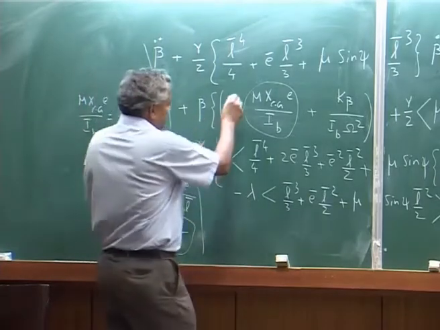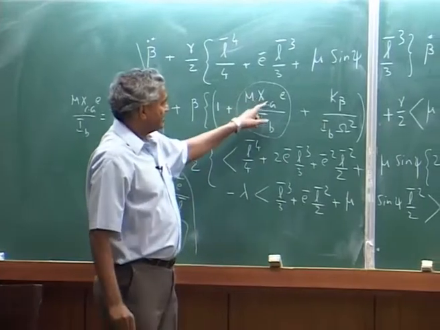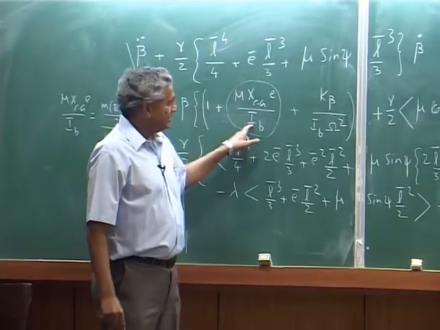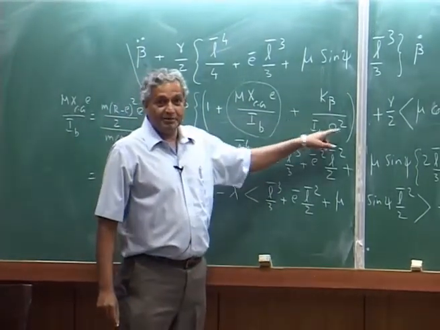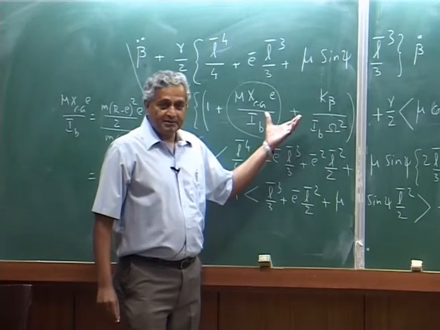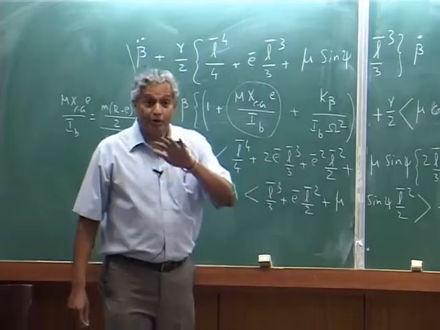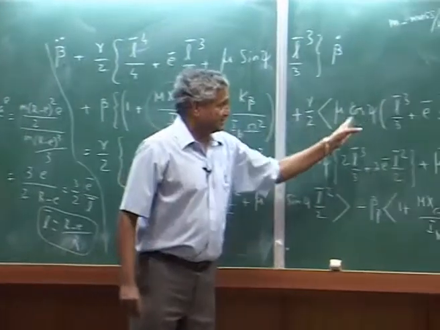So, this particular term, 1 plus m x Cg E over I_B plus k beta over I_B omega square, this is my rotating flap natural frequency in hover, because this is not there.